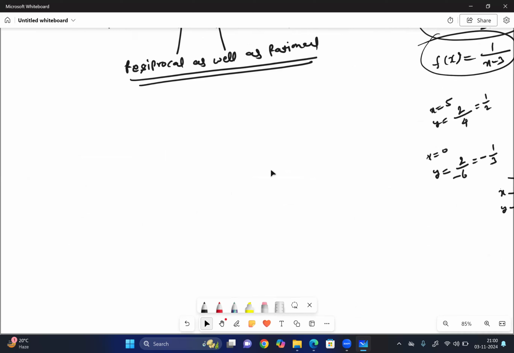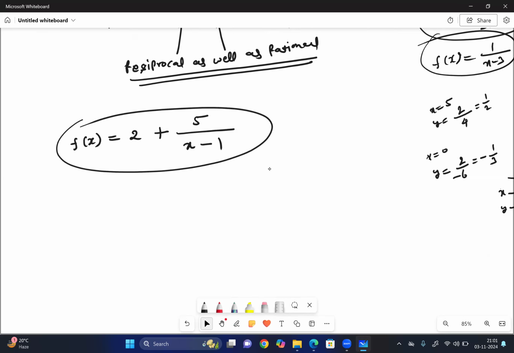So let's say I'm writing a function f(x) is equal to 2 plus 5 upon x minus 1. That's it. So see, in the numerator there is no variable, right? And how is this function formed? If we see the transformation of this function, we have a function 1 upon x, which is transformed horizontally.